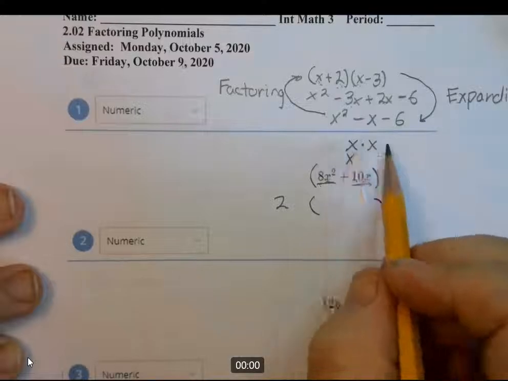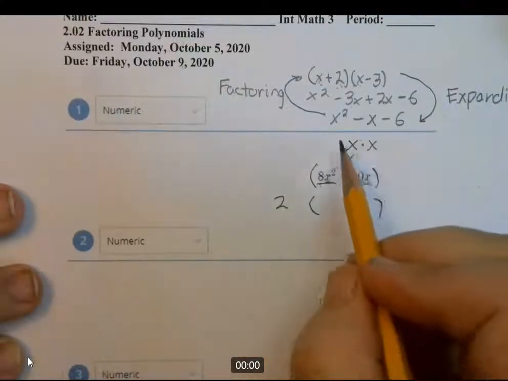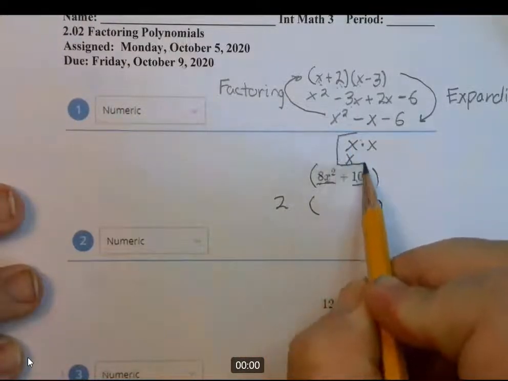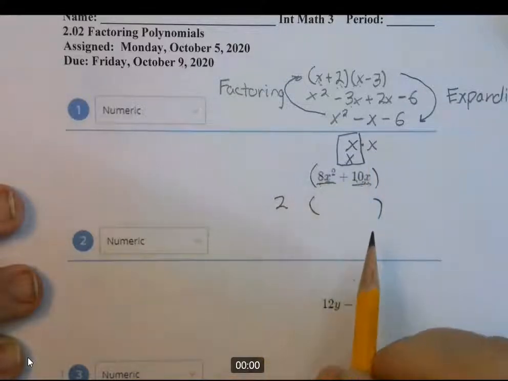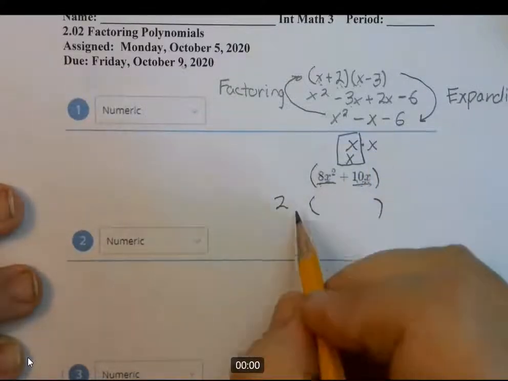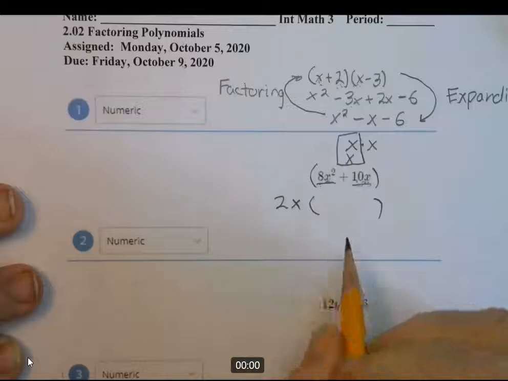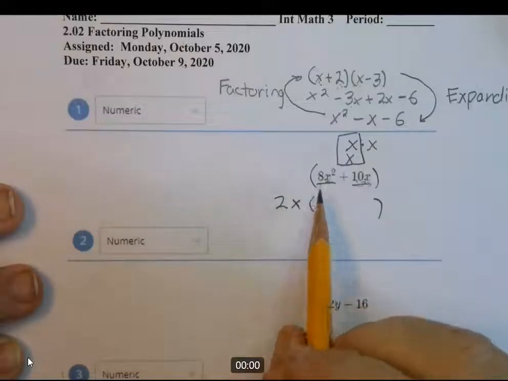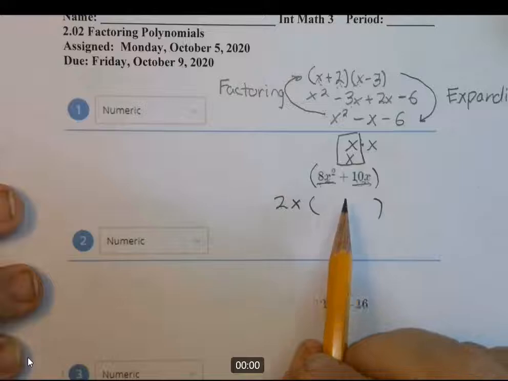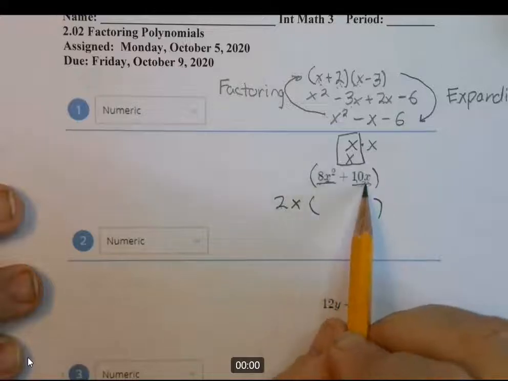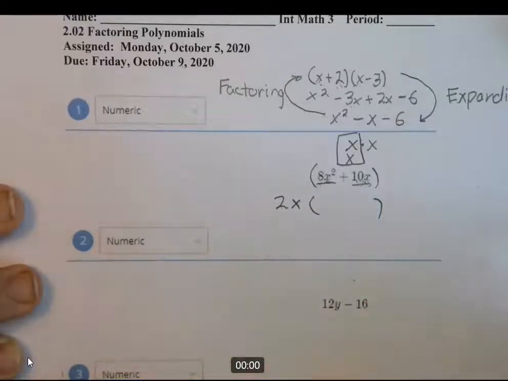So what does this and this have in common? They have a single x in common. You can't pull two x's out of that one. He doesn't have two x's. So we're going to pull an x out. So what we've pulled out is a 2 and an x. A 2 is the largest number that goes into both 8 and 10 evenly. And an x is the largest of these two variables that they both have in common.